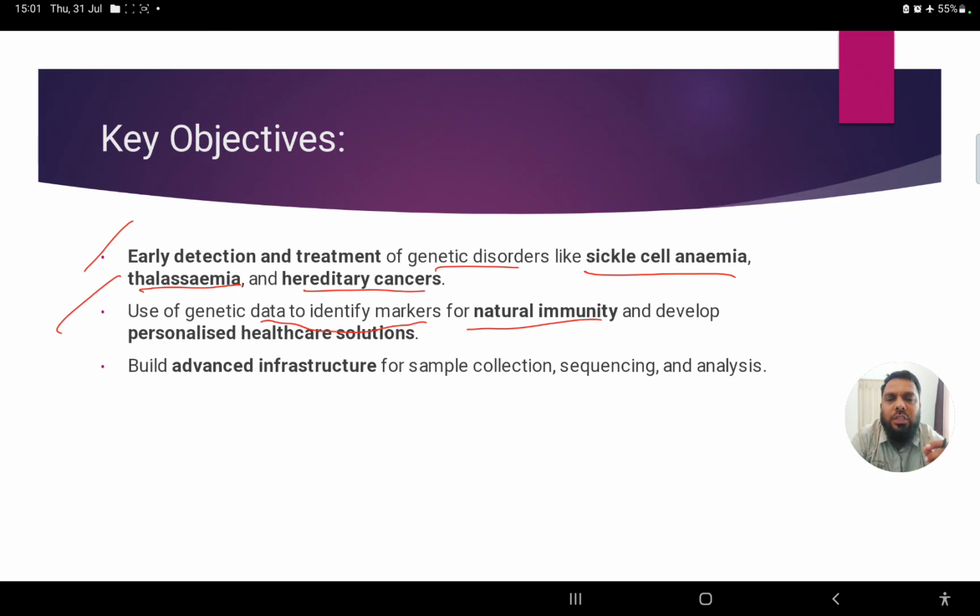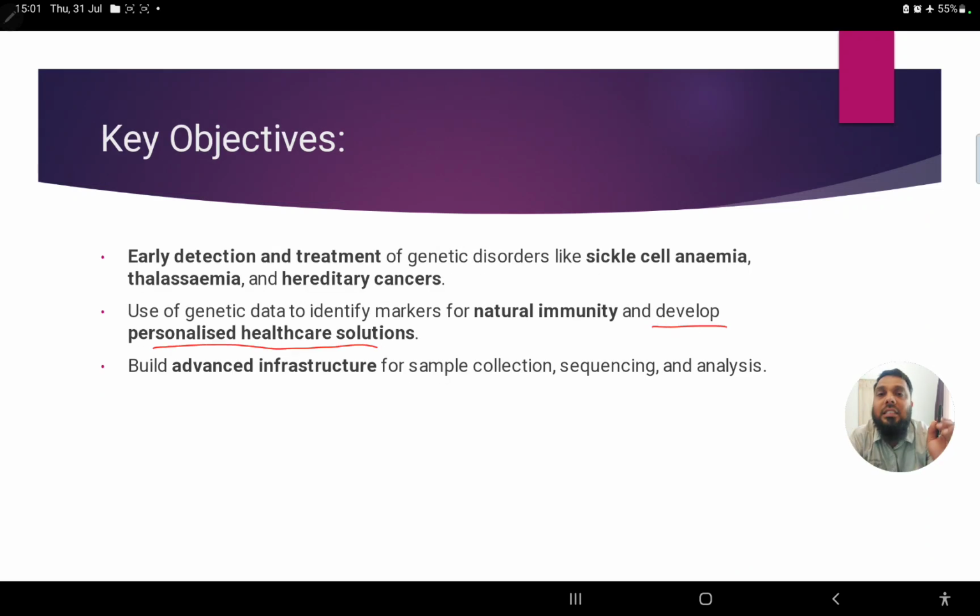Now, in all such situations, if you have high self immunity, then you can definitely be protected from various diseases. Therefore, the Gujarat government wants to collect this genetic data and use it to identify markers for natural immunity, and how natural immunity can be boosted, and how the development of personalized healthcare solutions can happen.